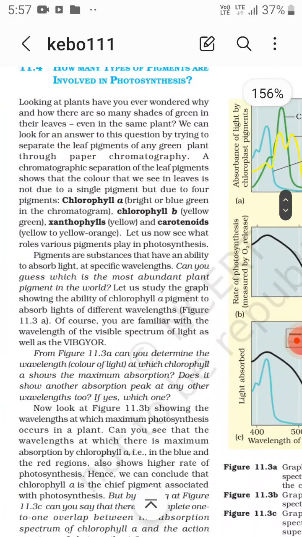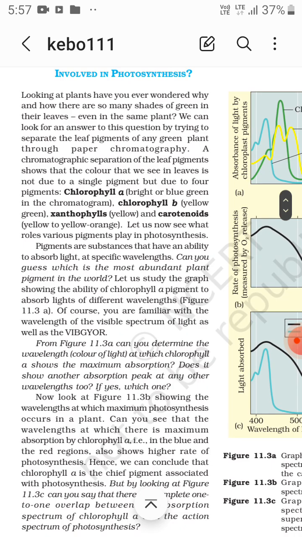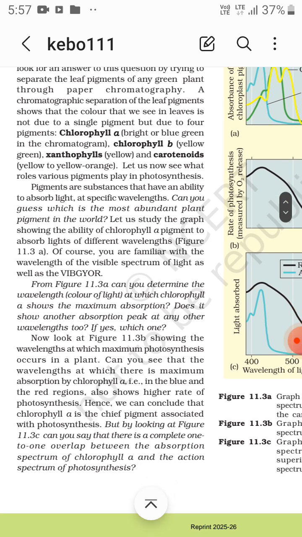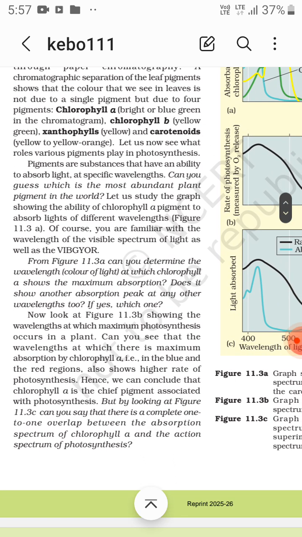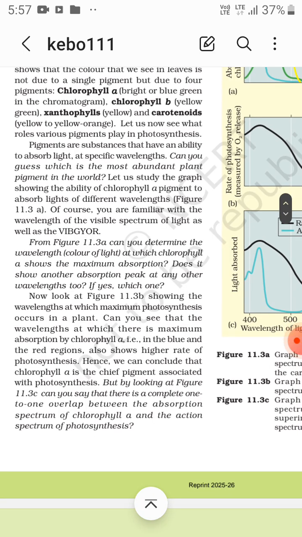Pigments are substances that have an ability to absorb light at specific wavelengths. Okay, the ability of chlorophyll A pigment to absorb lights of different wavelengths. The spectrum is VIBGYOR. Can you determine the wavelength at which chlorophyll A shows the maximum absorption?